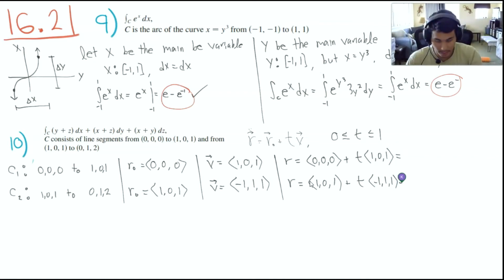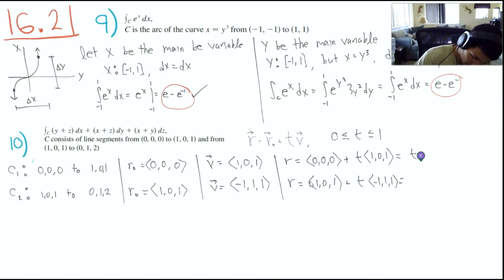All of that is simply equal to t, 0, t, and the other is equal to 1 minus t, t, and 1 plus t.